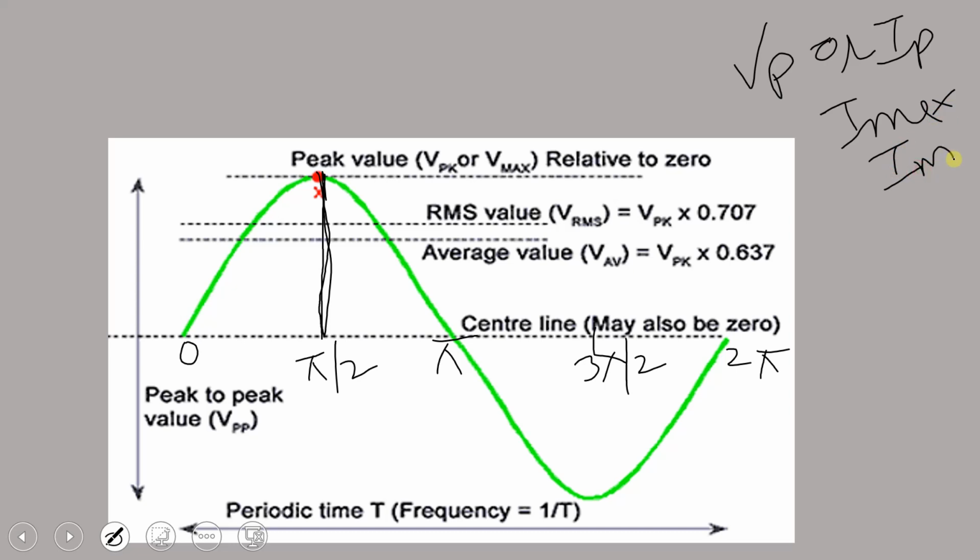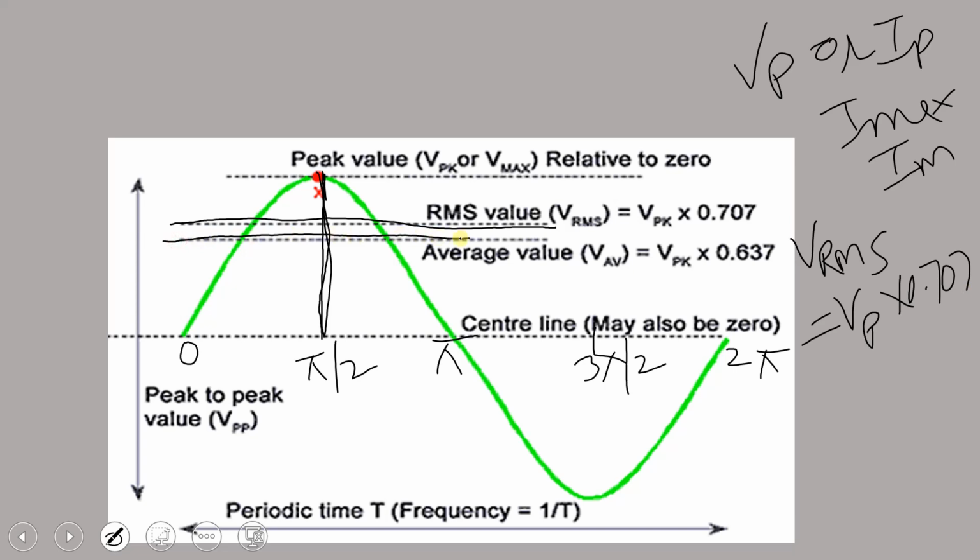Then the next term is the RMS value. This shows the RMS value of this waveform, and it is given by Vrms is equal to peak voltage into 0.707. Then the average value, I have given you the definition of average value. This is the average value, and it is given by Vav is equal to V peak into 0.637.